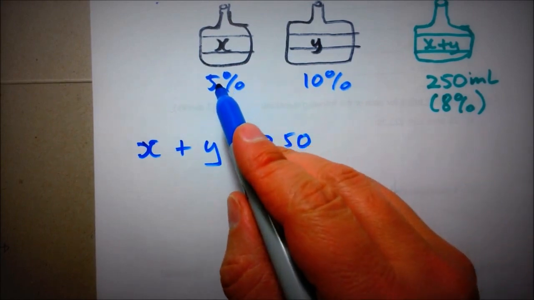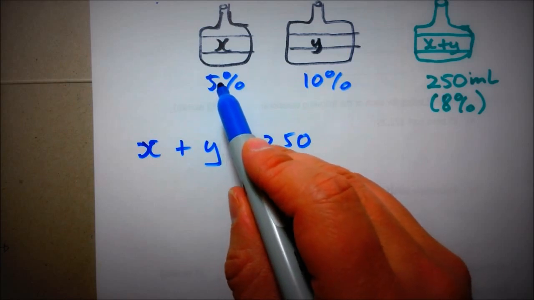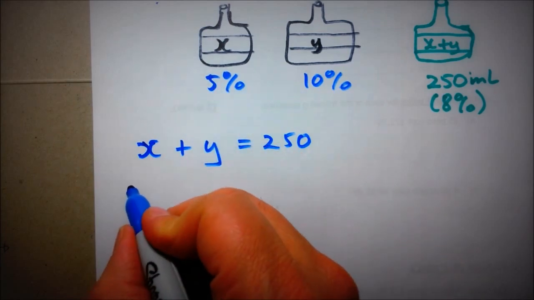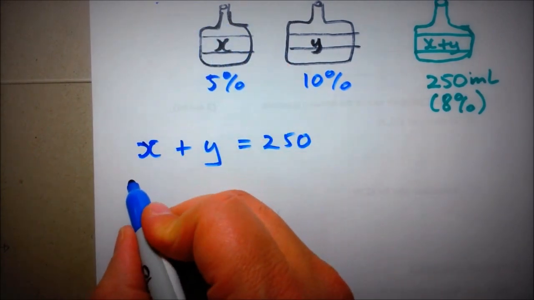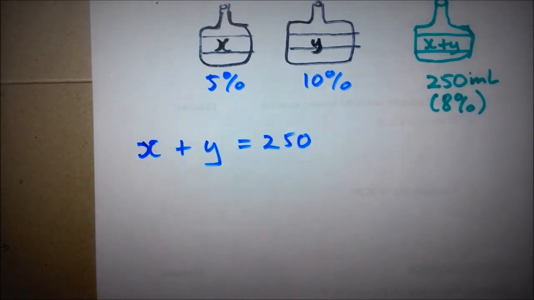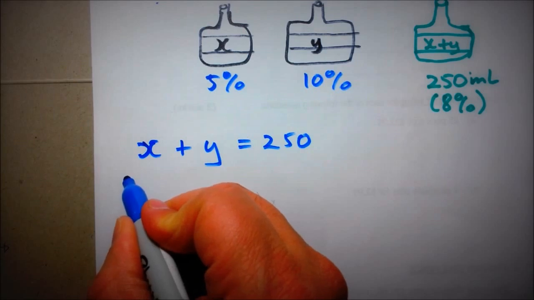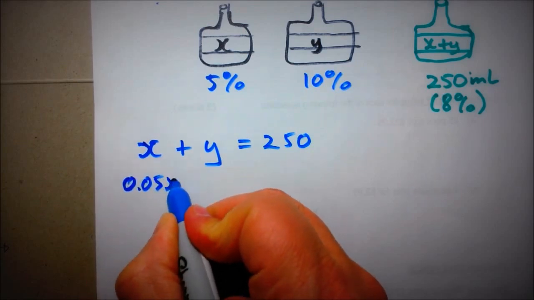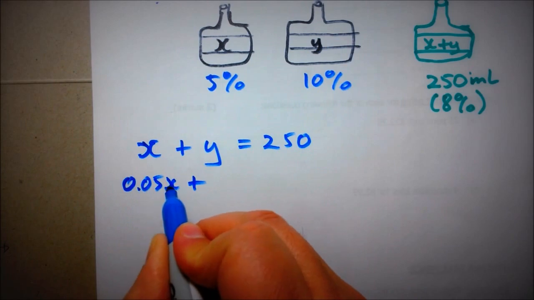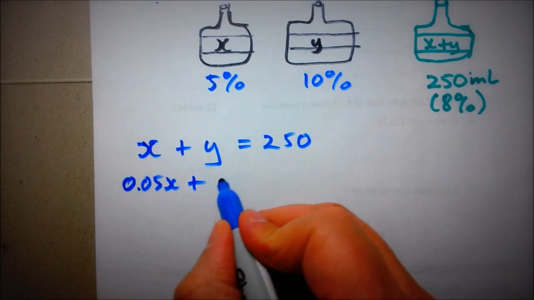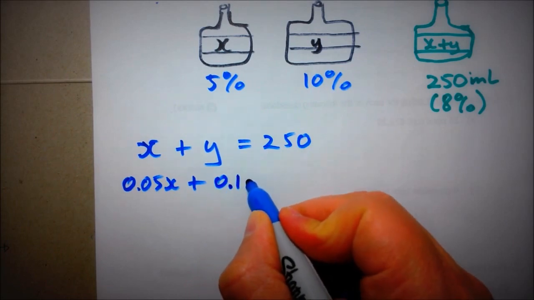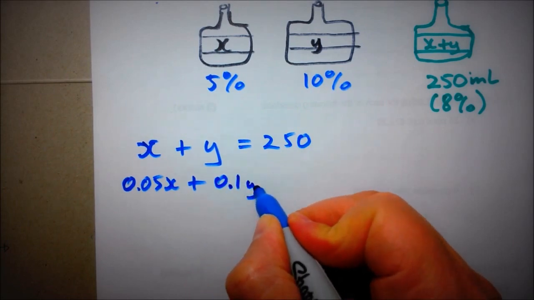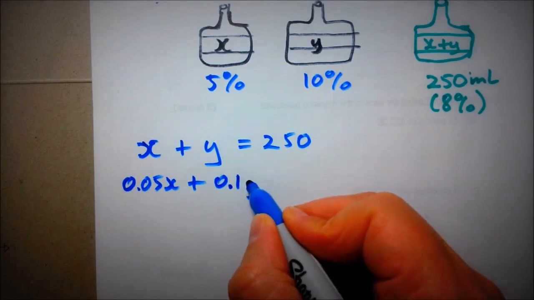So knowing that bottle X has 5% of acetic acid, that means that 5% of the amount here is made of acetic acid. So how do you show that algebraically? Maybe you want to pause and try it, but this is how you show it algebraically. 0.05x plus, that's 5% of X that will be acetic acid, plus 10% of this, that will be 0.1y, of bottle Y is acetic acid.